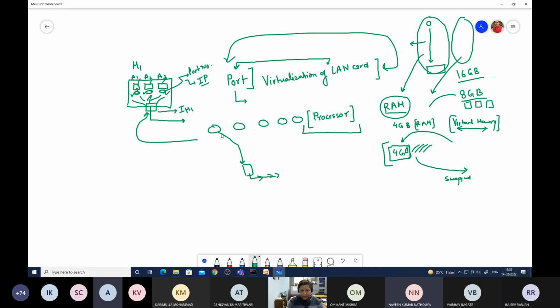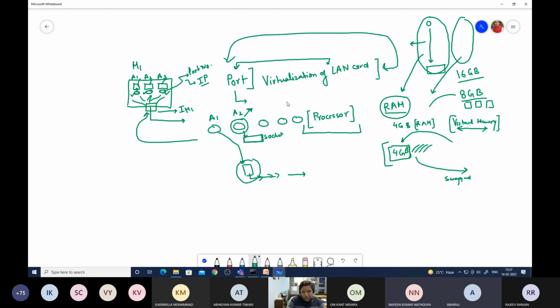Suppose A1 is right now using the LAN card physically to transfer data, and A2 is also generating some data. So A2's data has to be stored somewhere, in a socket.